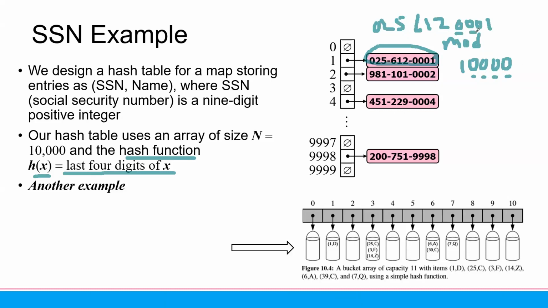So the remaining value will be the last 4 digits. If it is 20075199998, and this number mod 10,000, then the result will be 9998, and this can be inserted into the index 9998.